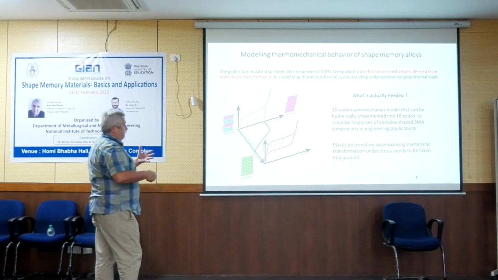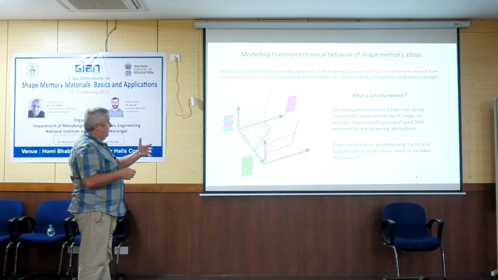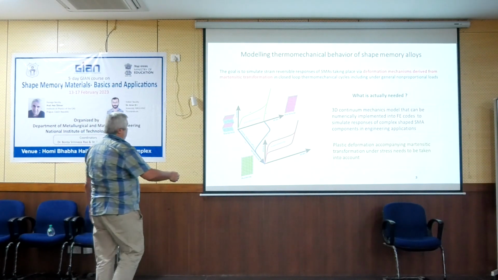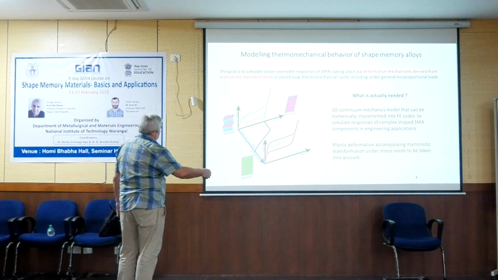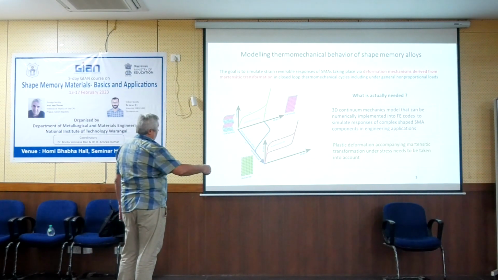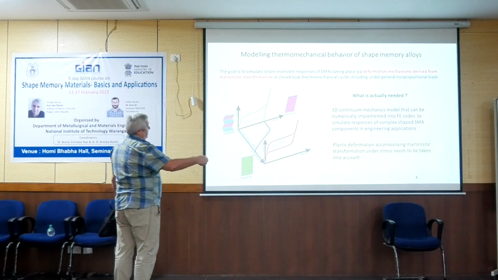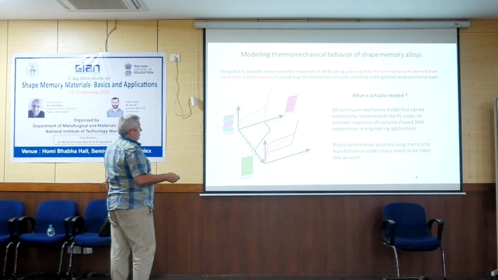But during the week, when I showed different kinds of experimental results, it was clear that plastic deformation can occur. You remember yesterday, if the transformation proceeds at high stress, there is a lot of plastic deformation. If we continue here, there is a yielding, and here the plastic deformation proceeds.